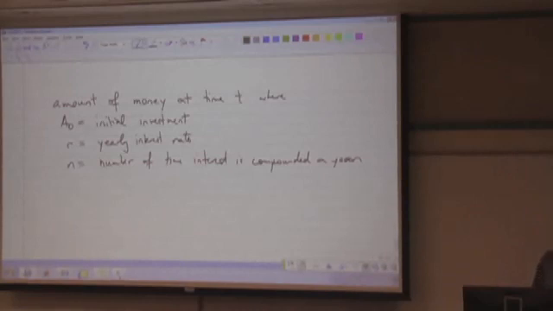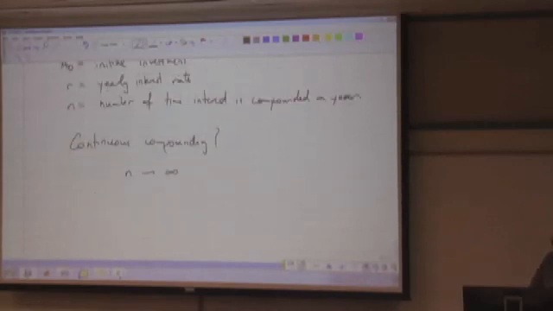How do we get to continuous compounding? Well, if n is the number of times you compound a year, then it only makes sense that n will go to infinity. Does that make sense? Obviously, hourly is pretty much continuous, if you think about the numbers, right?